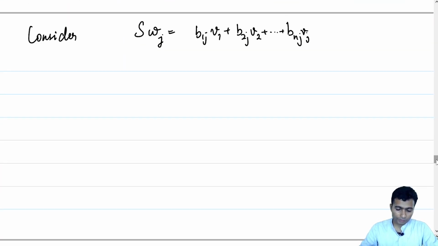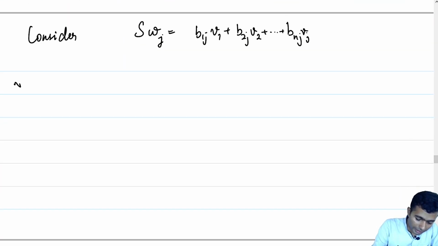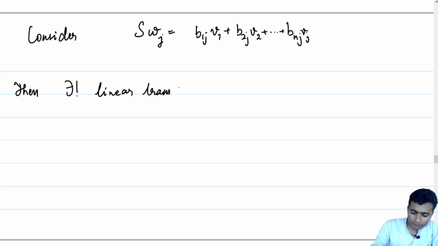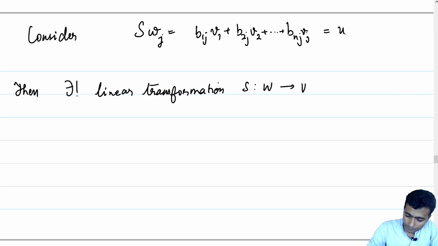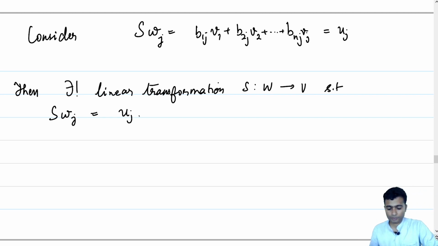By one of those theorems which we proved earlier, there exists a unique linear transformation S from W to V such that Swj is equal to Uj. My claim now is that this linear transformation S is the inverse of T.